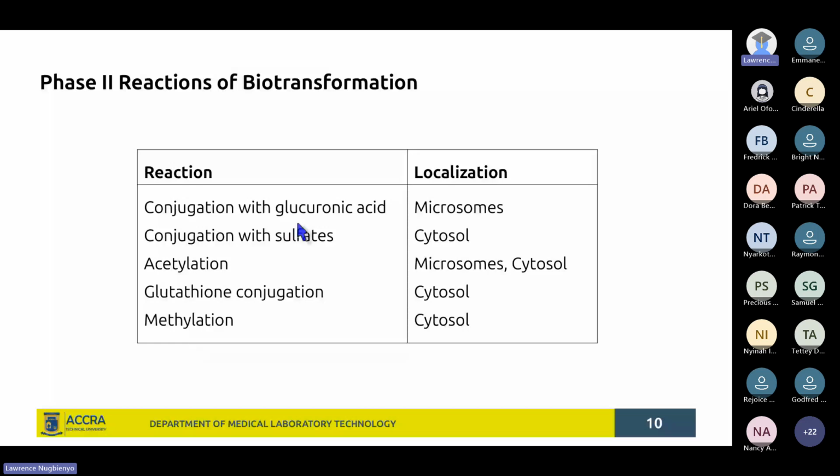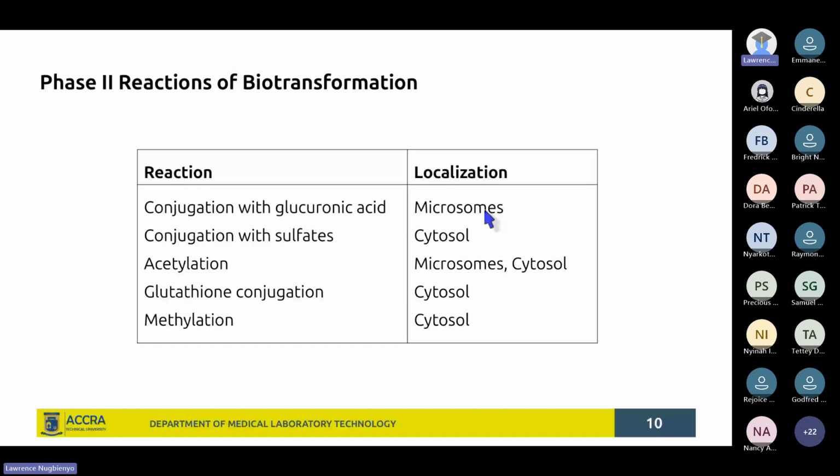And all these also occur either in the cytosol or in the microsomes of the endoplasmic reticulum of the hepatic cells. So, if you don't even remember anything at all, just remember that you have phase one and phase two reactions. Phase one reactions are oxidation, reduction, that's redox reactions, and hydrolytic reactions or hydrolysis.